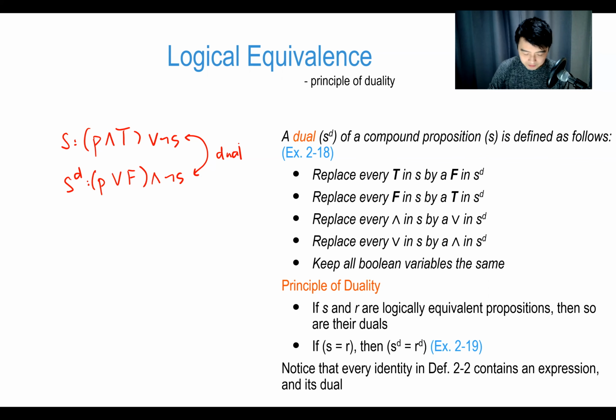However, if you take a look at this principle of duality, if I find that I have two expressions, S and R, that are logically equivalent to each other, then their duals are also logically equivalent to each other. Okay, so I'll say that again. If I have two expressions, S and R, that are logically equal, then their duals are also logically equal.